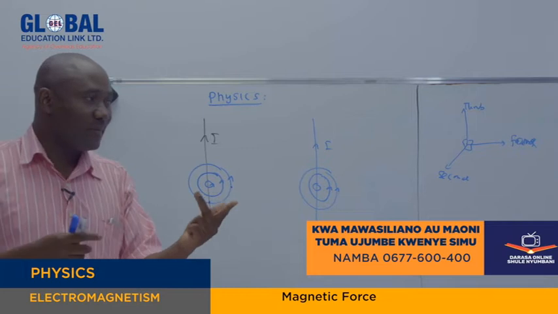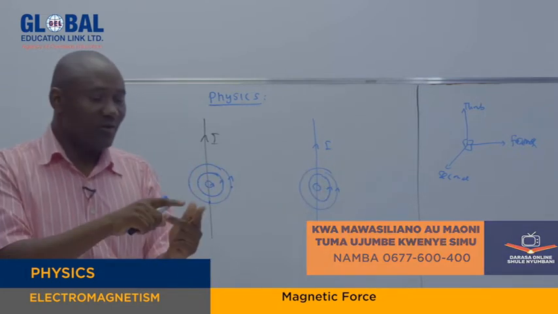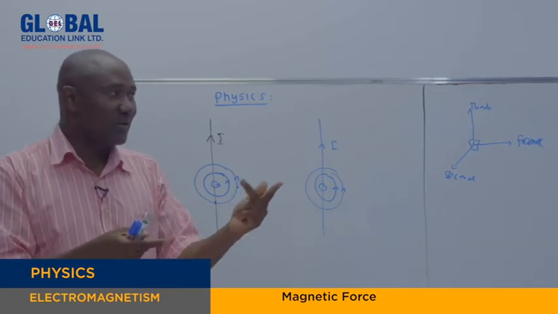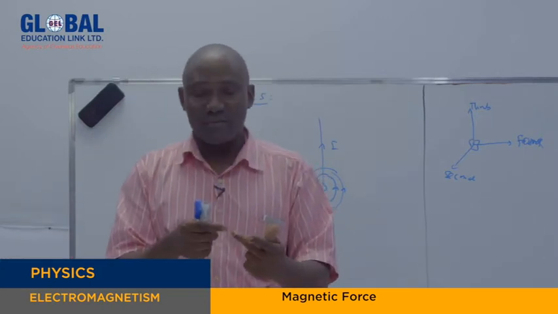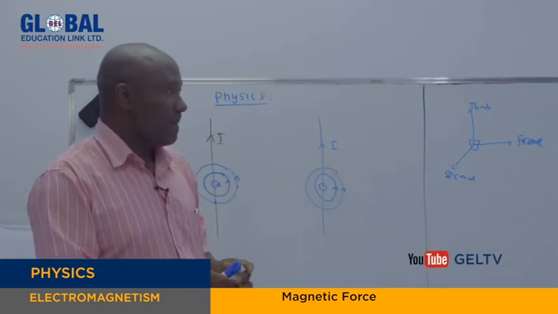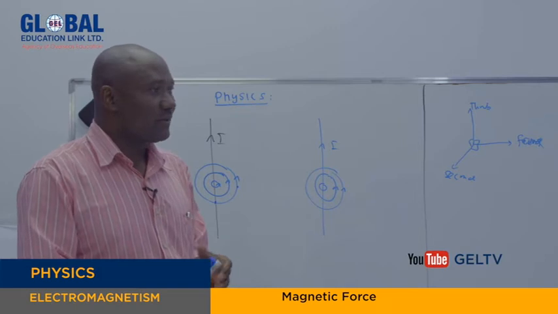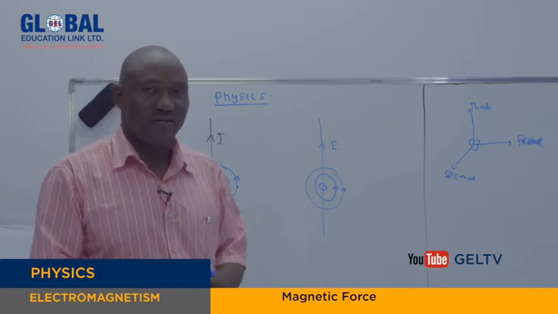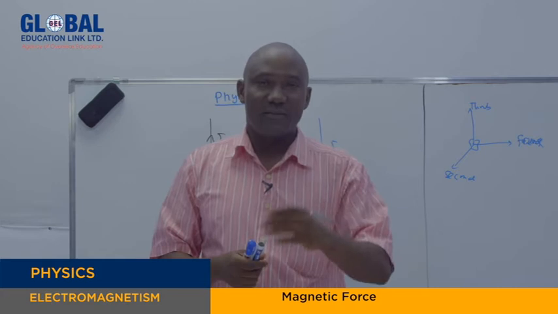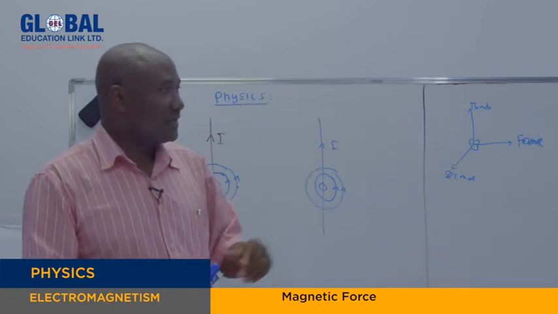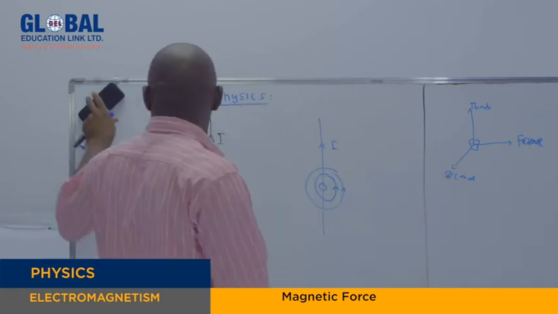So the main issue here is how to orient the three fingers so that we can determine the magnetic forces. That is how Fleming's left-hand rule can be used to determine the direction of force. But before we proceed, let's see now the demonstration of that force.